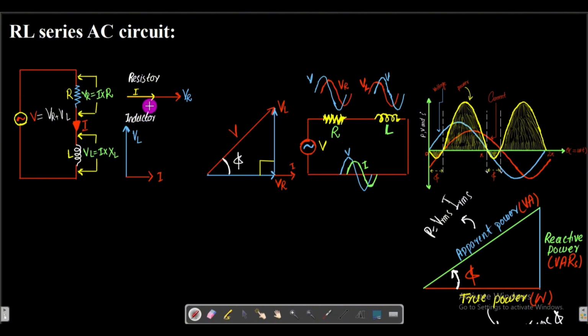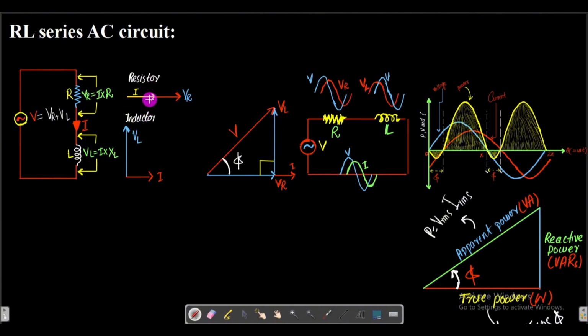We do not add them by simple algebra, we will add them by applying vector algebra. The vector algebra for the addition is the head to tail rule, so we will add these two voltages by the head to tail rule.